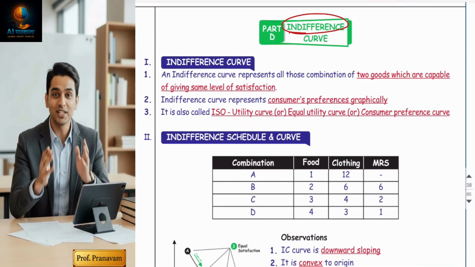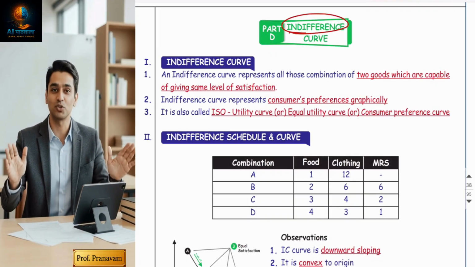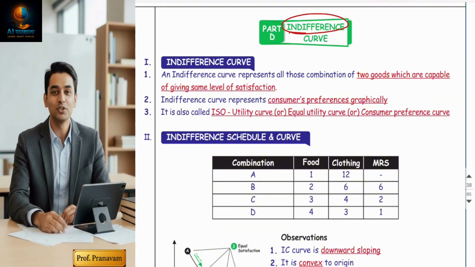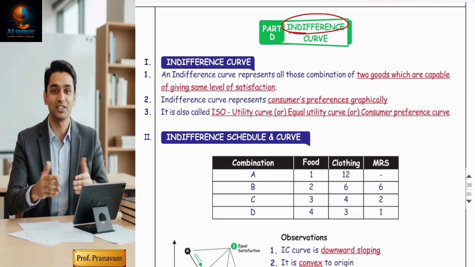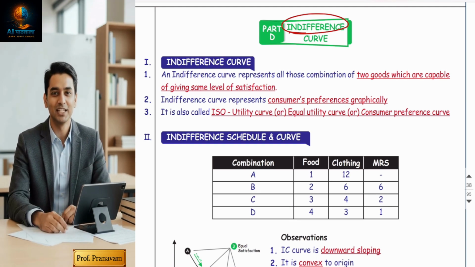The indifference curve. What are Hicks and Allen actually trying to explain? They have tried to explain that human wants are unlimited, but to satisfy human wants they require money and resources, and those resources are limited. Now, all wants are equally important, so they have to choose which want should be satisfied first and which have to be sacrificed.